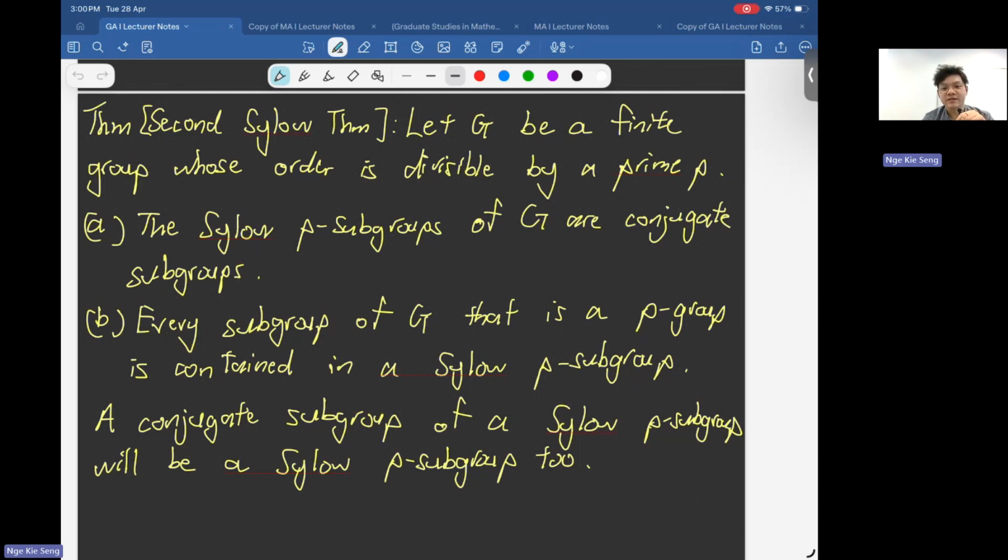Oh, you mean how to prove A? Exactly how you prove A as well.